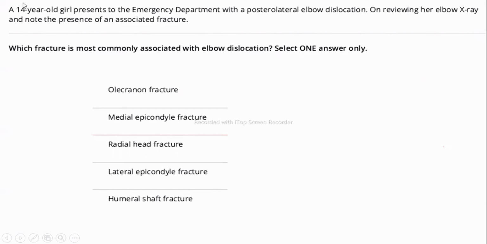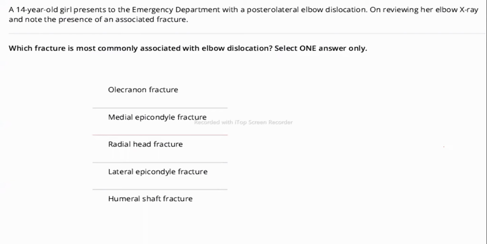Okay, 14 years. Can you imagine here an elbow, young age? Because it's common in less than 20. So posterolateral elbow dislocation. On X-ray, you note the presence of an associated fracture. Which fracture is most commonly associated with elbow dislocation?